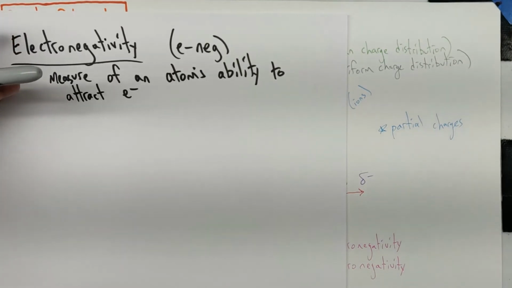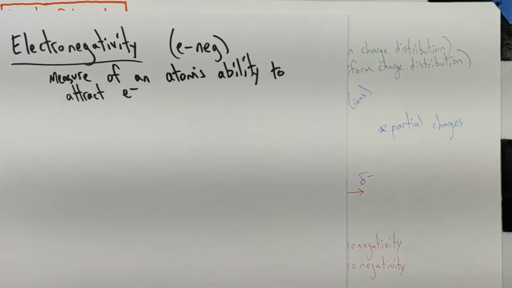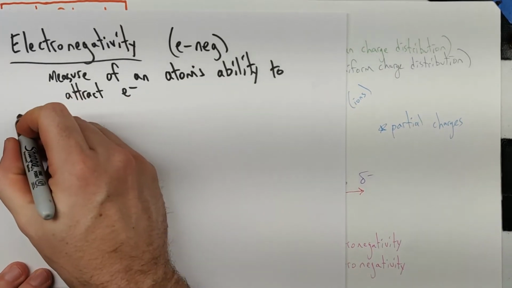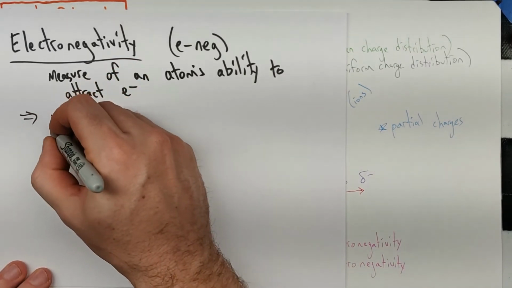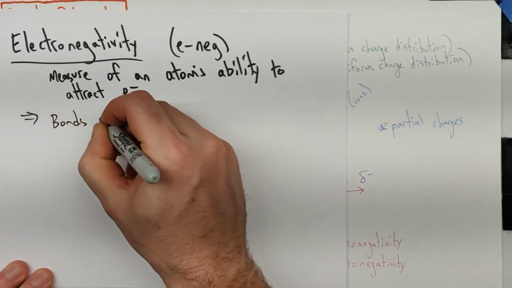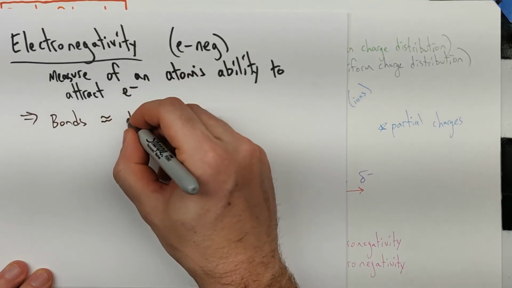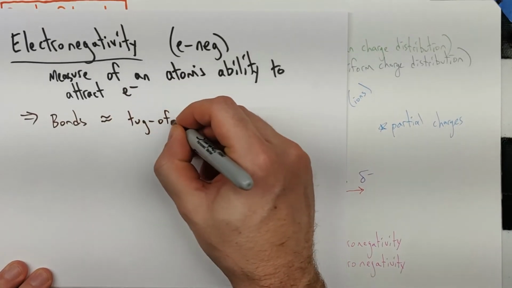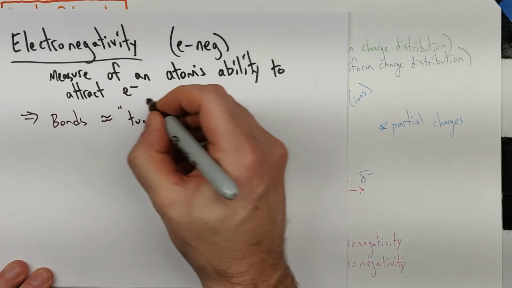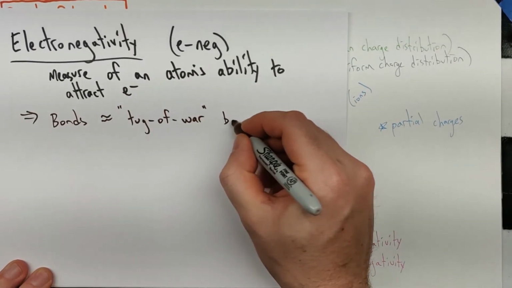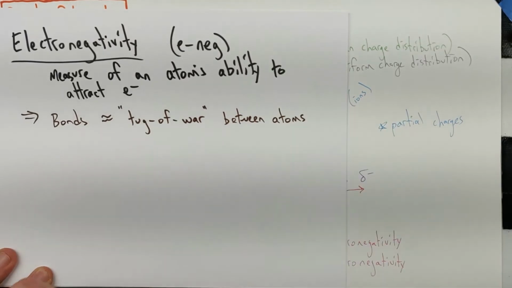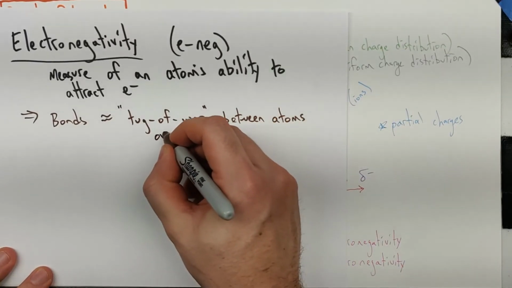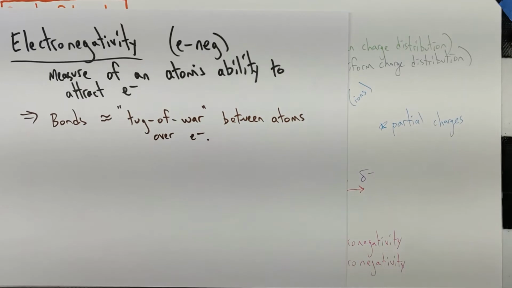But I want to see how this works in terms of the pictures. I've described in a previous video that a bond, at least a covalent bond, but bonding in general, is approximately a tug of war between atoms, and what they are fighting over are the electrons.